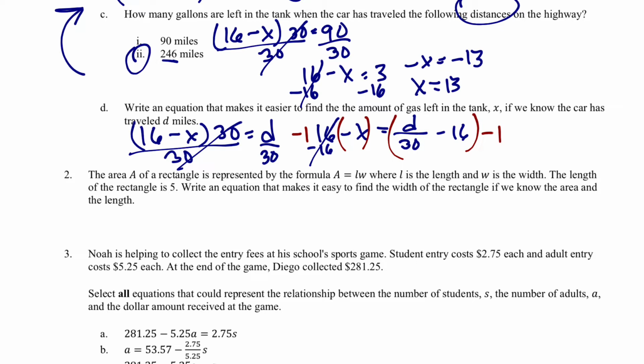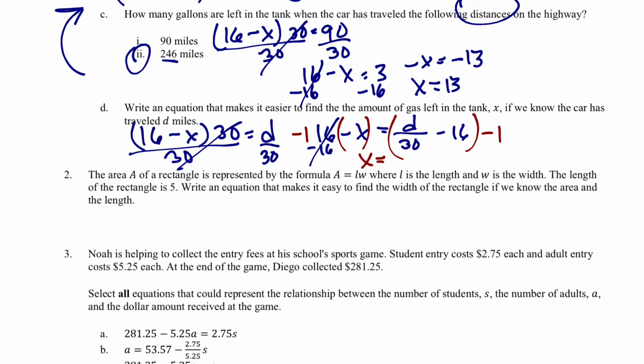So a negative times a negative will be a positive, and that will yield positive X. And then now we have to distribute this negative 1 through this equation here. Oops, I didn't mean to cross that out. So we will end up with a positive 16 and a negative D over 30.